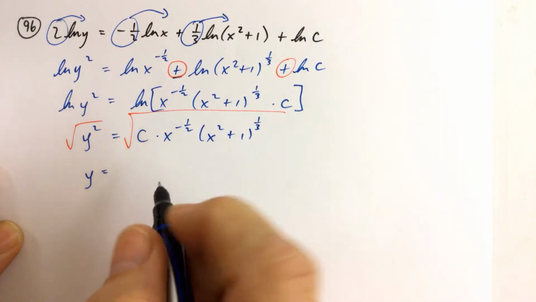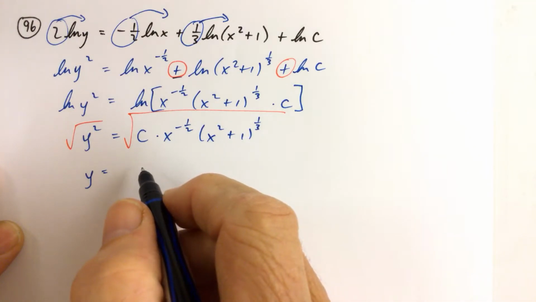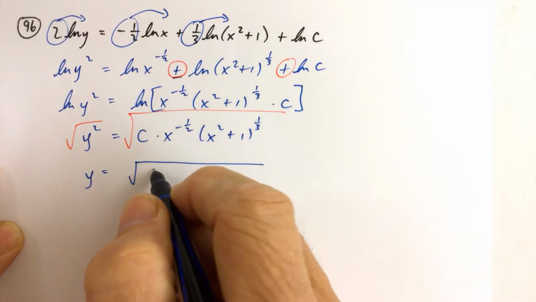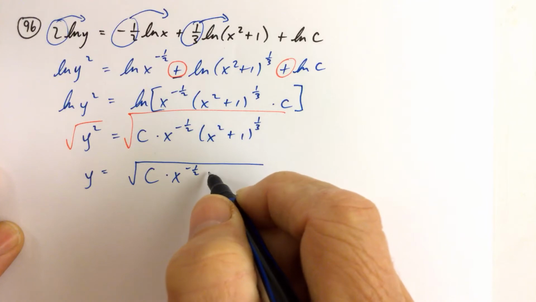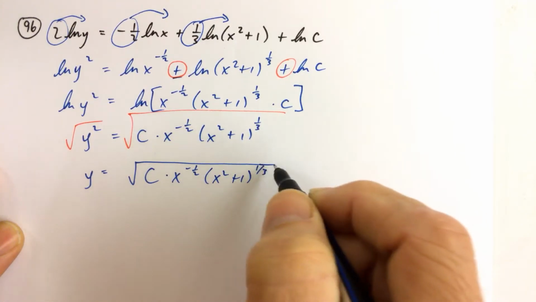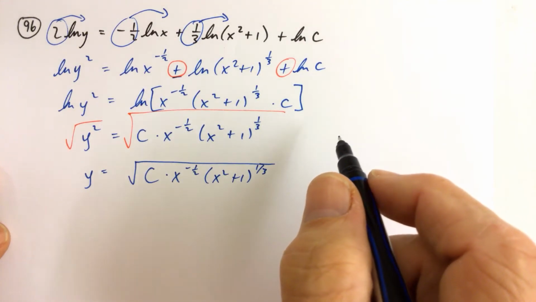Let's see, y equals the square root of, would we have the absolute value of the square root of that? Let's leave it as that, c times x to the negative 1/2 times x squared plus 1 to the 1/3, and we can leave it just like that.